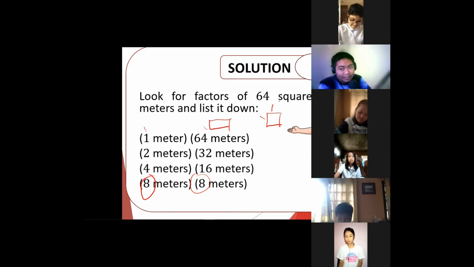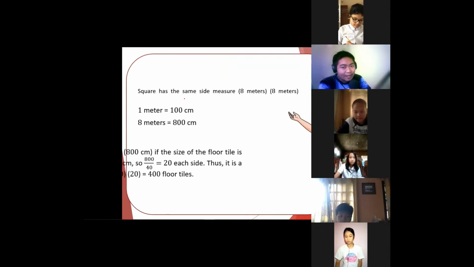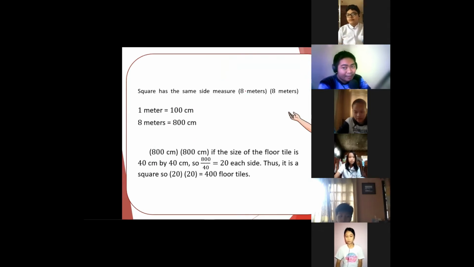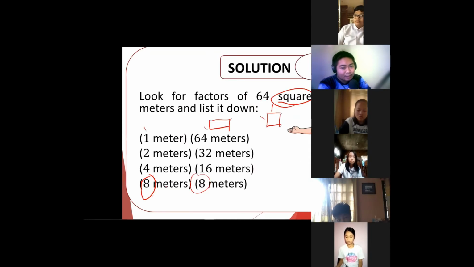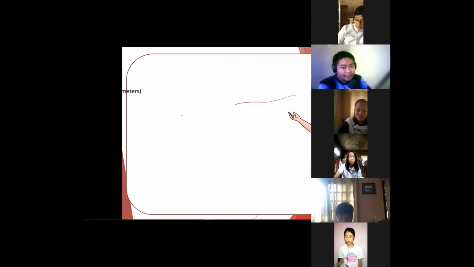We need a square because it says square. Therefore, 8 and 8. A square has the same side measure. That would be 8 meters and 8 meters, for 64 square meters.